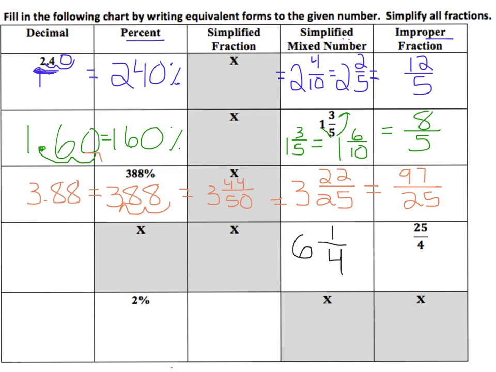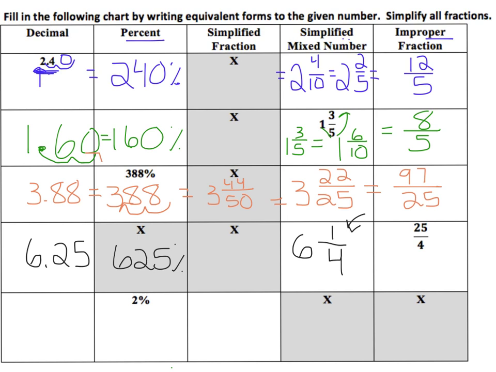Well, 1/4 we should have memorized, but we just have to know that there's a 6 in front because of the mixed number, and then 0.25. We could write the percent too. I had this one crossed off. We didn't need it, but it would be 625%.